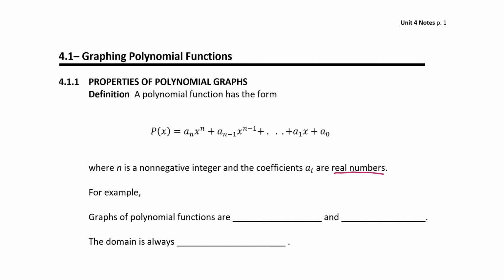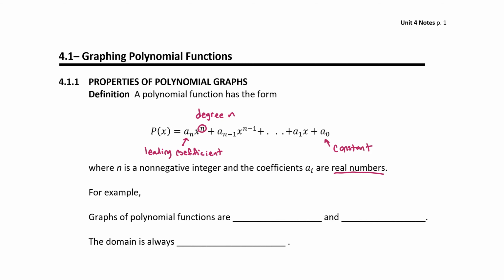Now, the highest exponent that I can find in a polynomial is what we call the degree of the polynomial. So this is a degree n polynomial. The coefficient of our highest powered term is called the leading coefficient. And the term without an x is called the constant term.